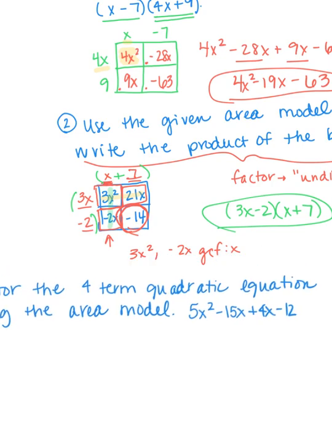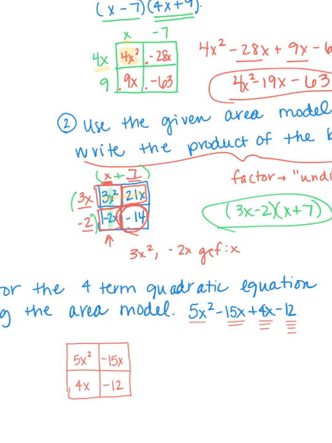Okay. So we're going to create a box, and we've got this 4-term polynomial, and we're just going to put each term in a cell in the box. Okay, so we're going to start with 5x squared, and then we can put in negative 15x, followed by 4x, and then negative 12.